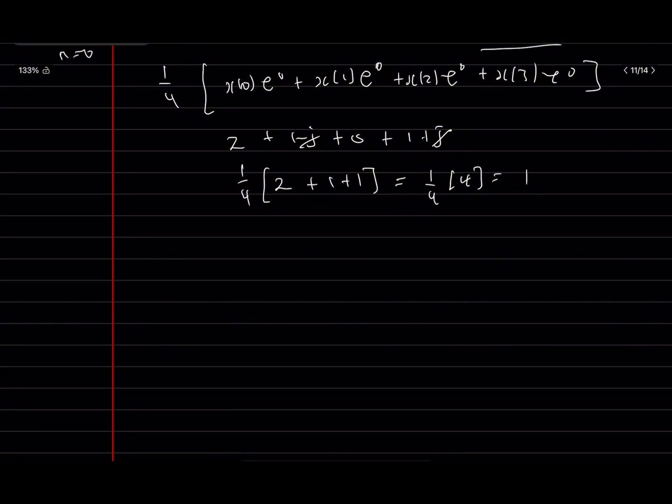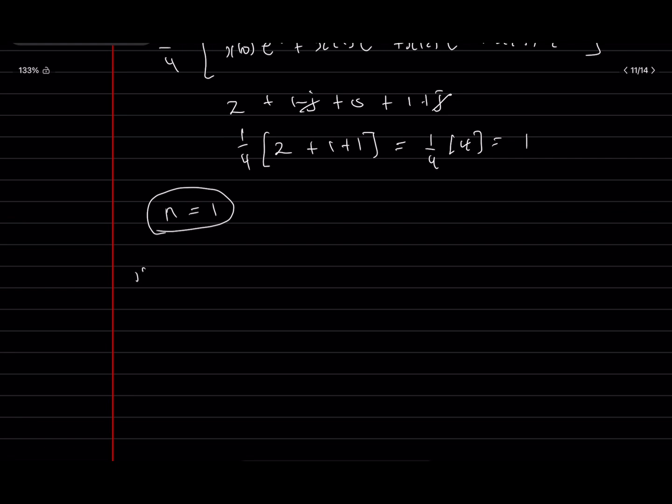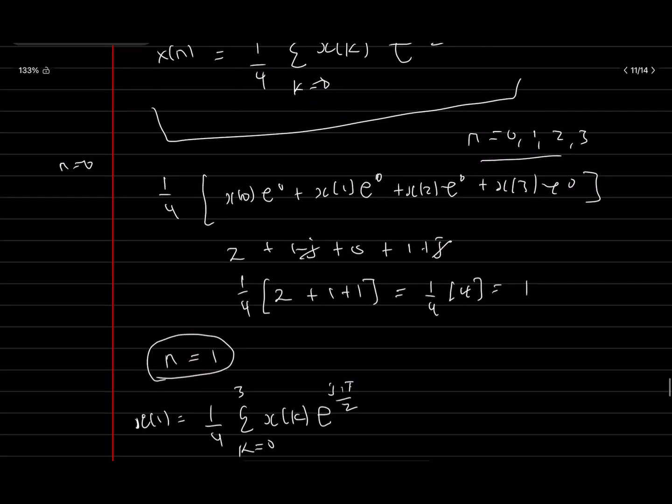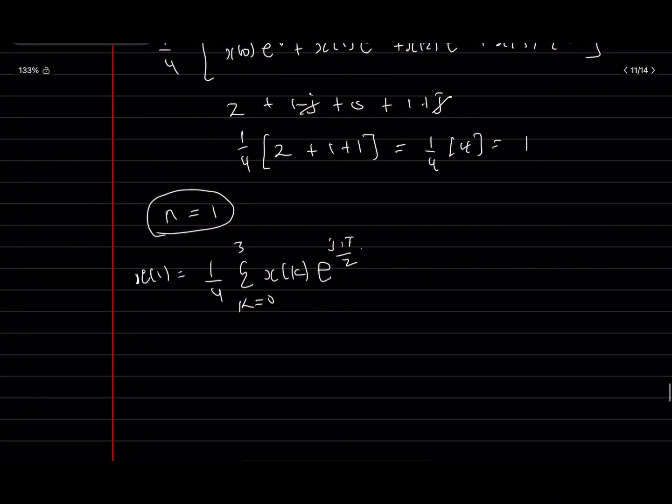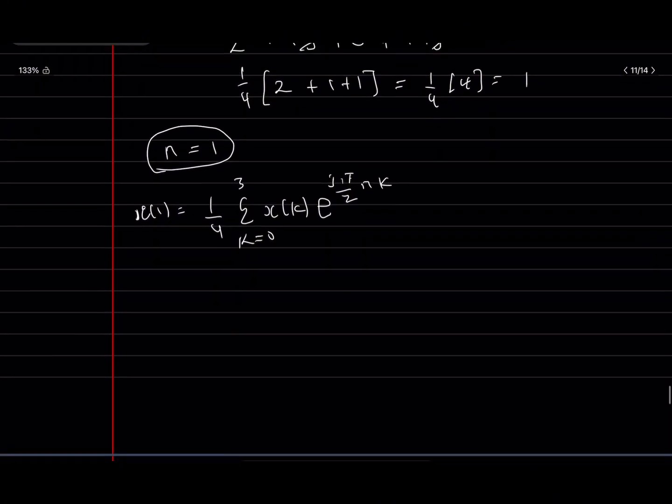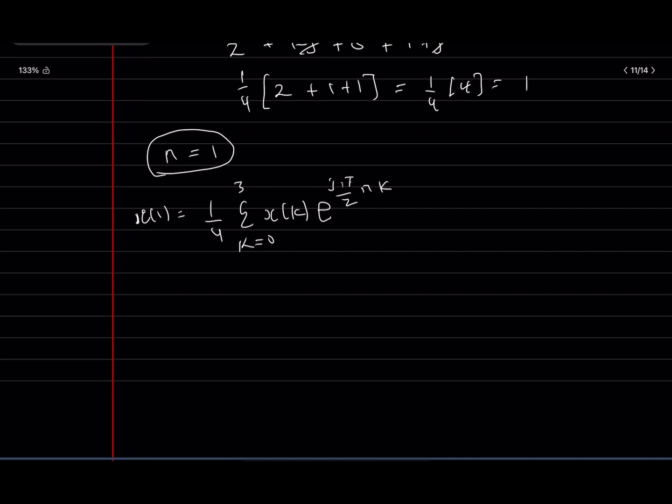For the second element, n equal to 1 is the one that we are going to base the computation on. So for n equal to 1, we have x of 1 equal to 1 over 4 summation of k equal to 0 to 3 of X of k, and then exponent j, and then we have pi on 2, like the way we did here, pi on 2 nk. Remember that n is 1, so you don't even have to write the n.